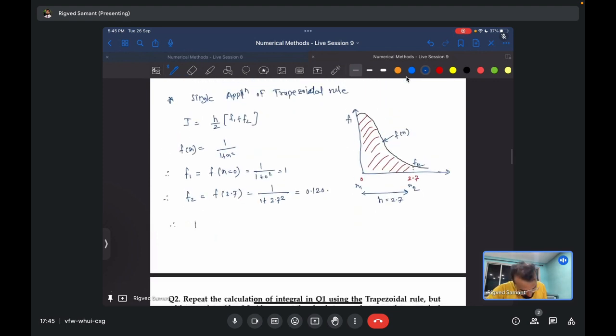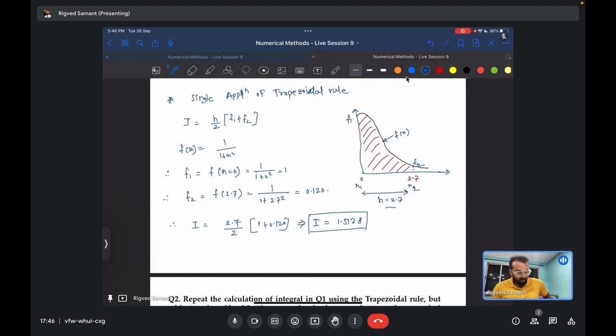Therefore I is equal to, so h is 2.7 divided by 2, times f1 plus f2, which is 1 plus 0.120. So this will give you I is equal to 1.5128. This is your I value.